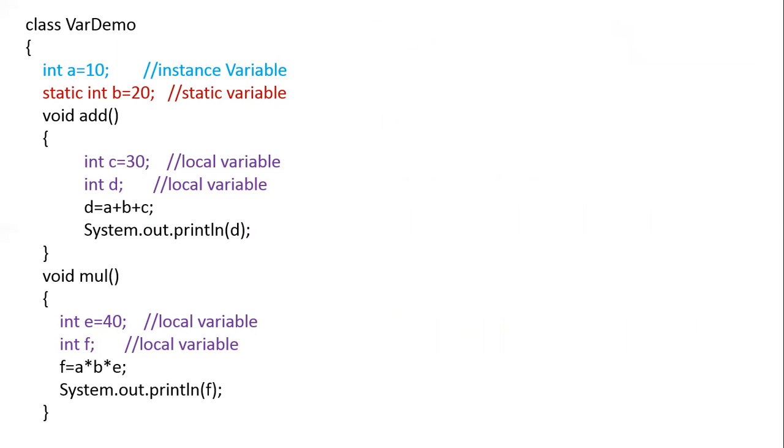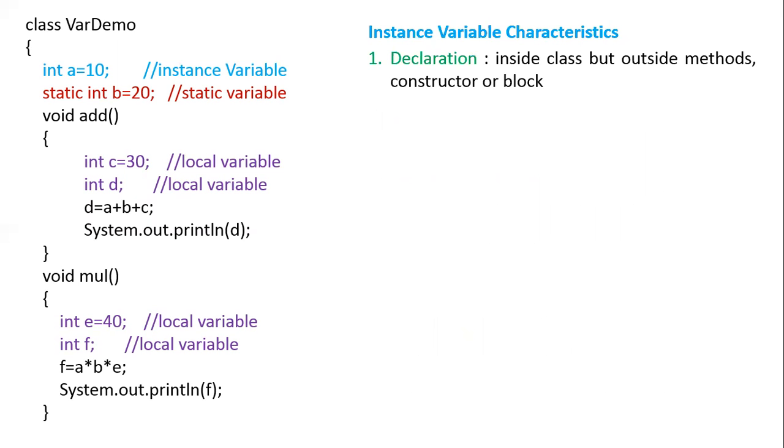Now next we will discuss the characteristics of instance variables, using the same program. These instance variables are declared inside the class but outside methods, constructors and blocks. Here we can see this instance variable we have declared in the class but outside these methods or constructors.